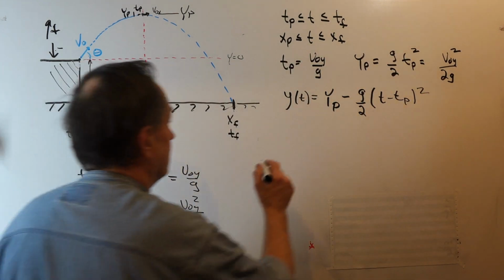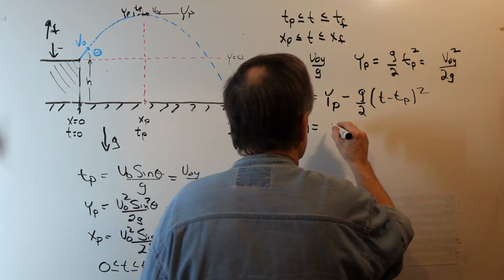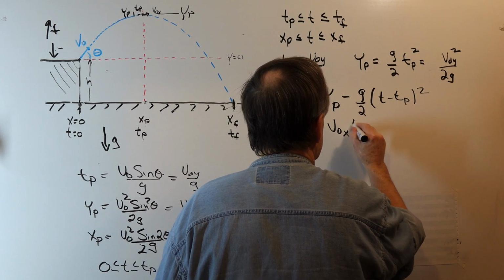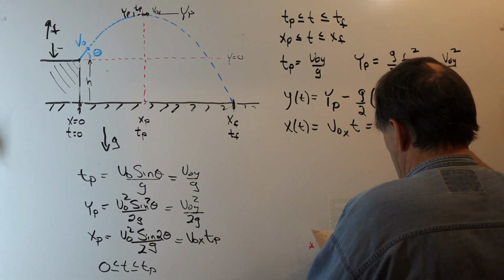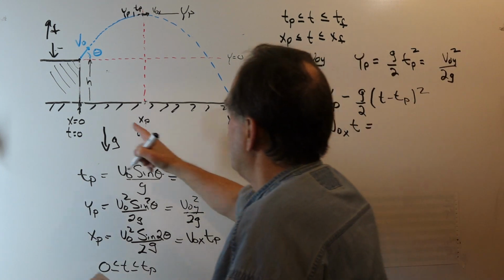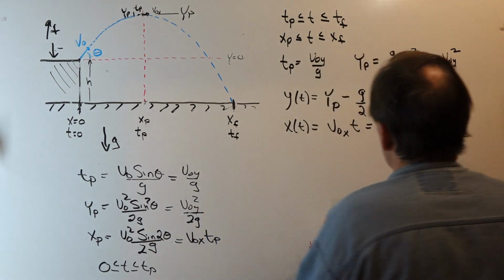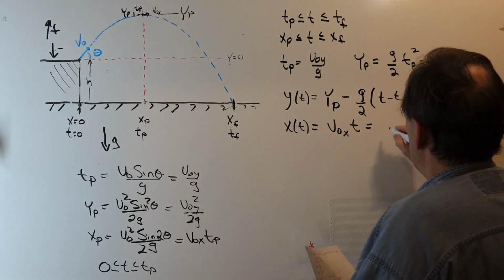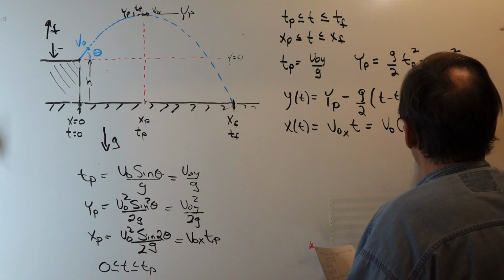How about x as a function of time? Well, x as a function of time is still v0x times time, and again we're starting our counter from here. So we put in for v0x, which is v0 times the cosine of theta times time.